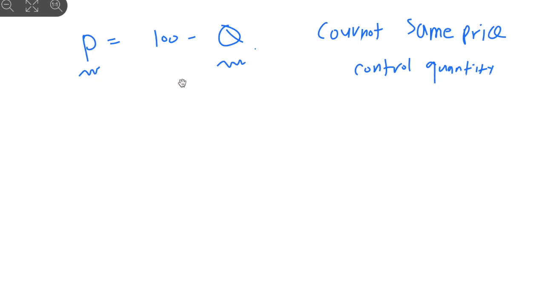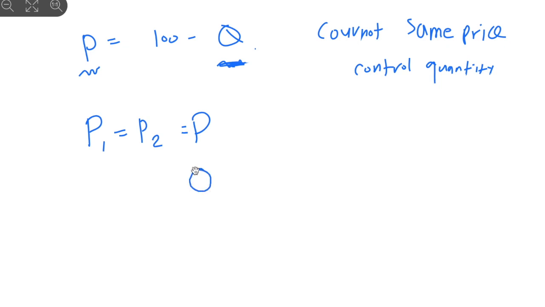So we're looking for the quantity difference. P will be the same for firm 1 and firm 2. This P is the price for firm 1 and the price for firm 2, and we just generalize it as P. What about Q?